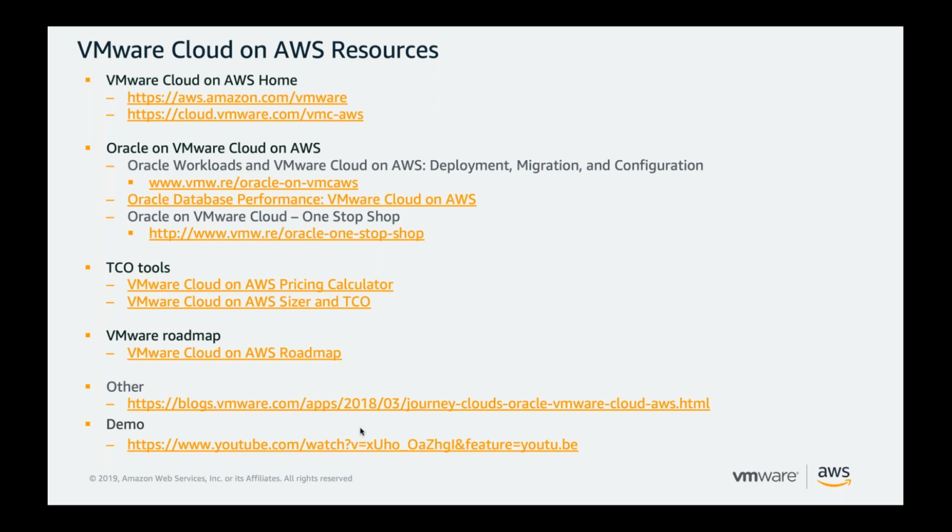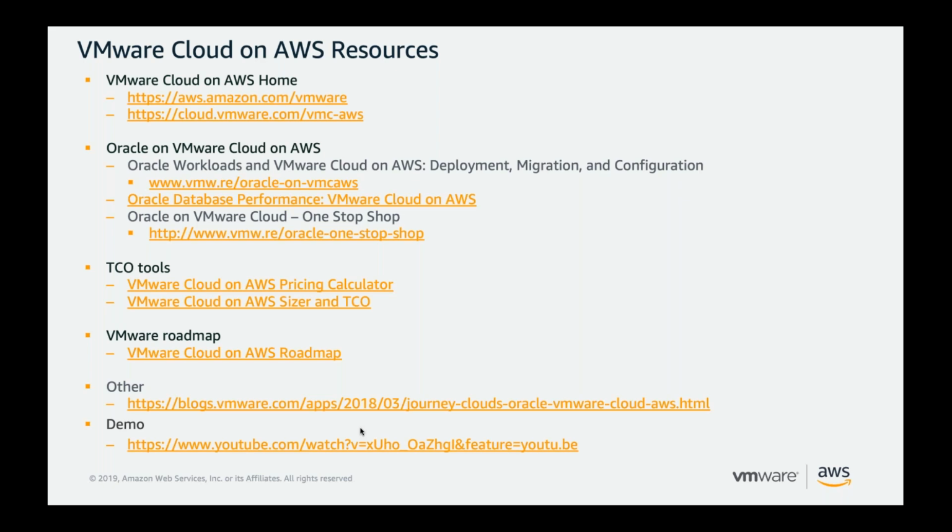Also, a lot of blog articles I've written that talk about everything related to running Oracle on VMware platform. It includes articles around running Oracle on VMware platform on premises to running and migrating Oracle to VMware Cloud on AWS. You can also see tools that relate to total cost of ownership calculations for the VMware Cloud on AWS, essentially the pricing calculator, the sizer tool, the TCO.